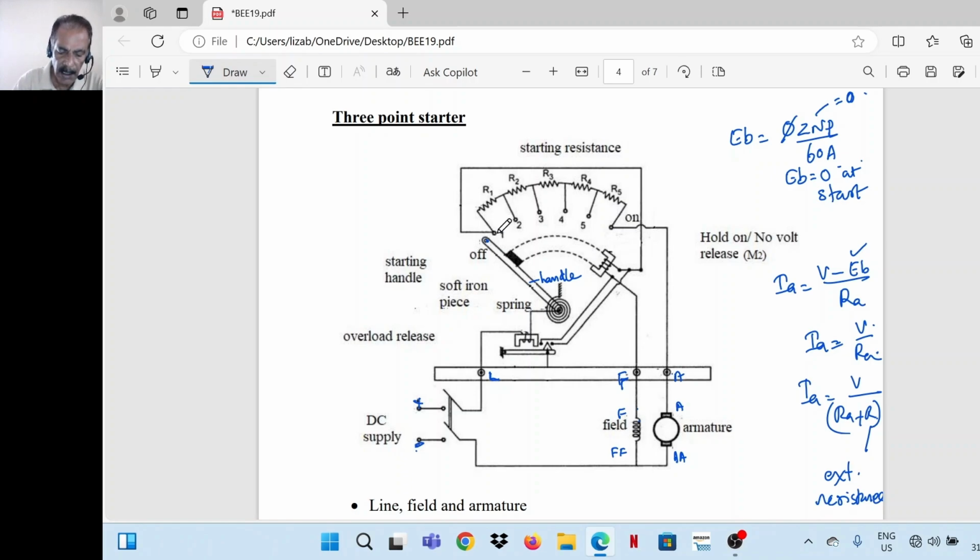Once the handle touches this particular stud, that is stud number 1, then through all these resistances, R1 plus R2 plus R3 plus R4 plus R5, it goes to the positive terminal of the armature. And like this, the circuit is completed. Another circuit, when the handle touches stud number 1, another connection, it goes like this.